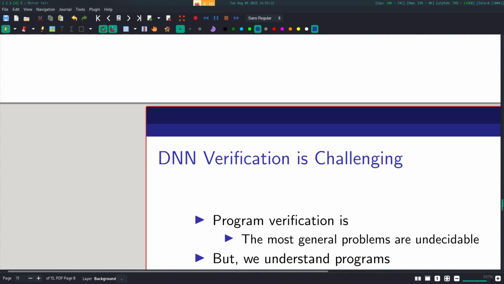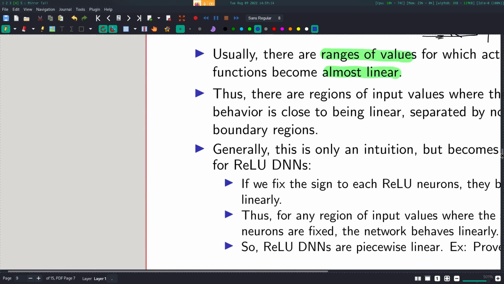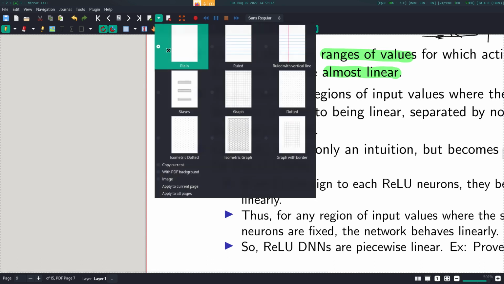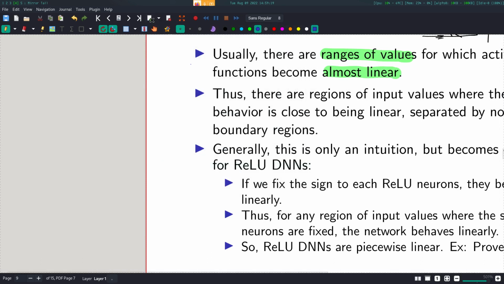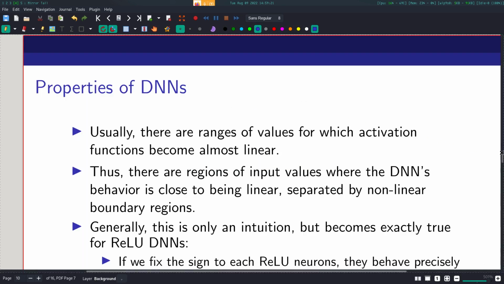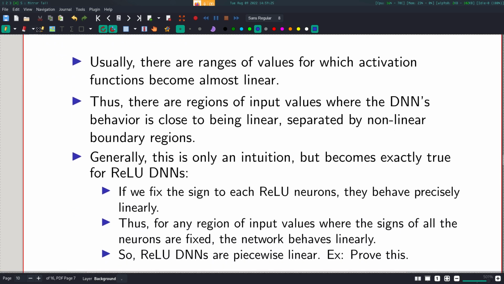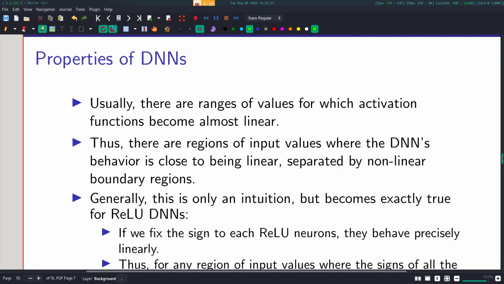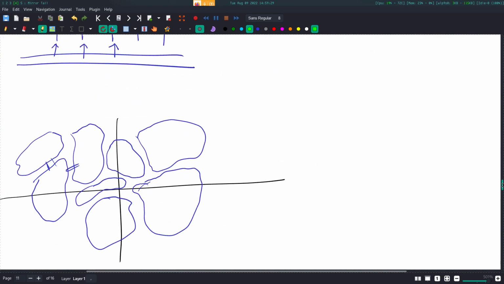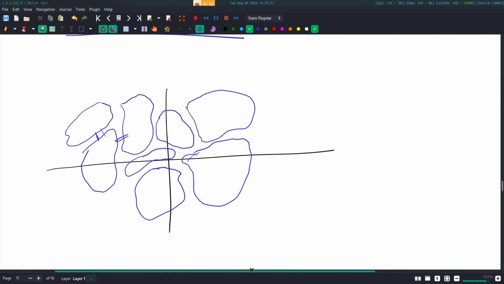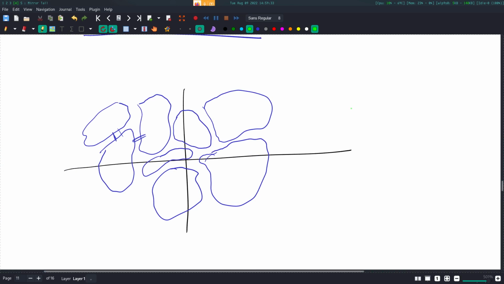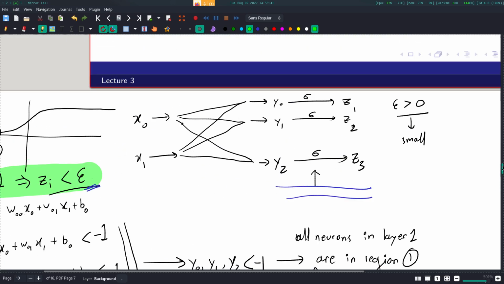By the way, does anybody have any issues with this intuition? Is it clear to everyone now?